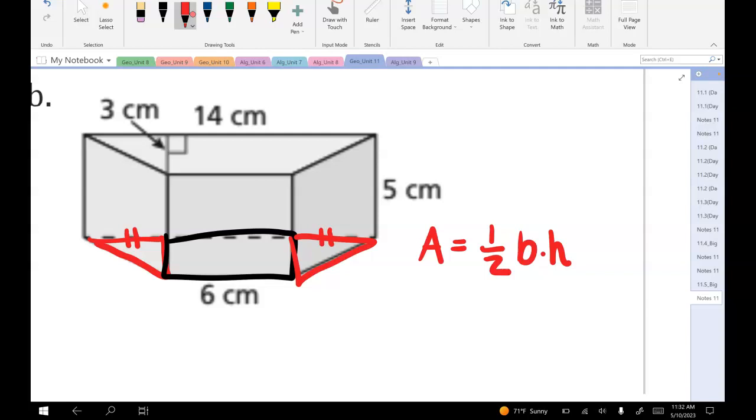And 6 of it is taken up by this rectangle in the middle. If we do 14 minus 6, we can get our leftover space for our 2 bases. So 14 minus 6 is equal to 8. And we have to split that 8 up evenly into both of our triangle bases. So 8 divided by 2 is 4. So that means the base of this triangle is 4, and the base of this triangle is 4.